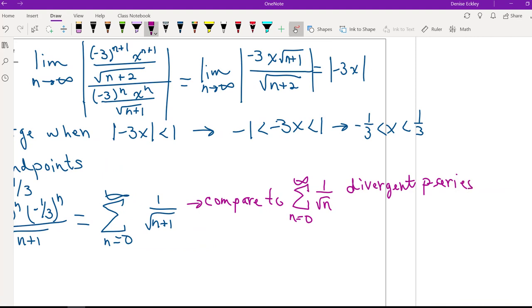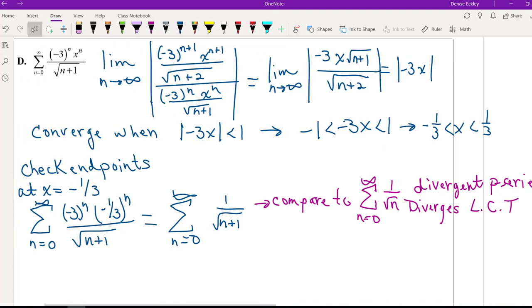And because of that, it's going to diverge by the limit comparison test. So we know we're not including the negative 1/3.